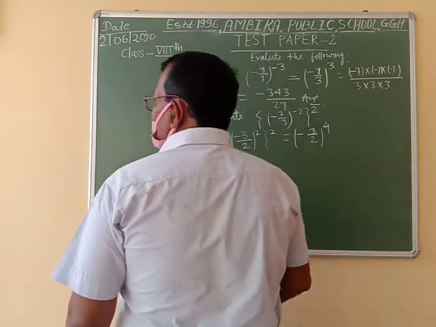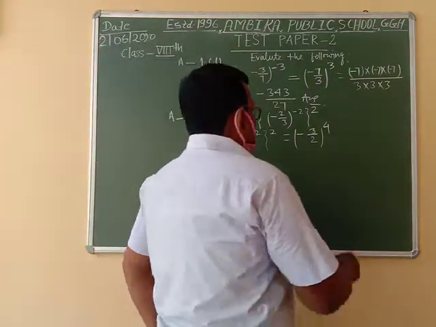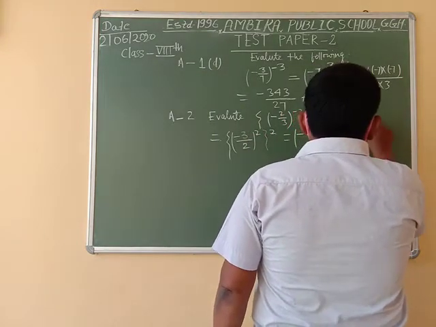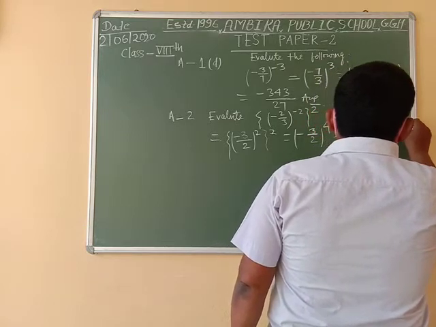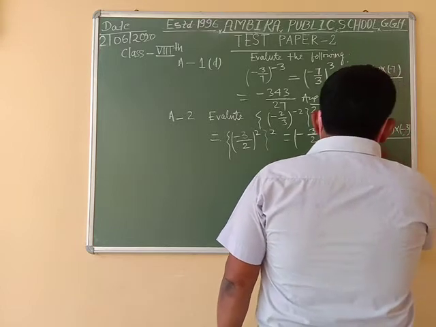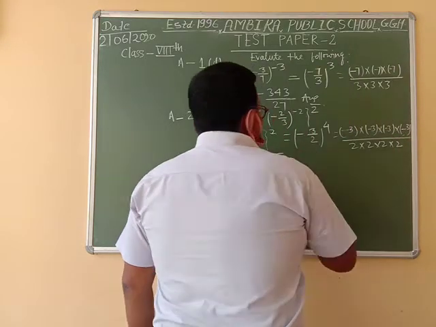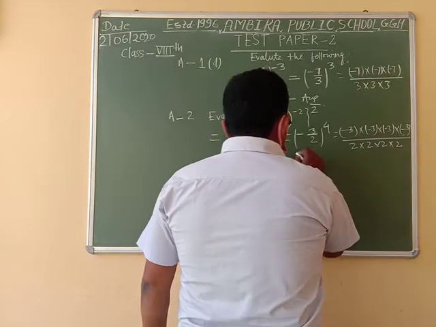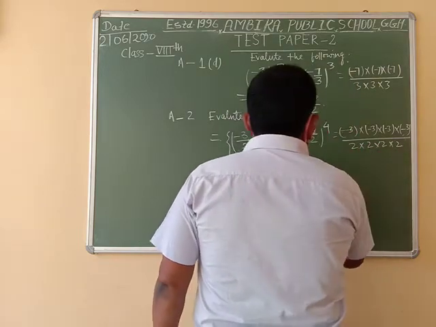Multiplying powers, 2 into 2 is 4. This is equal to minus 3 into minus 3 into minus 3 into minus 3, over 2 into 2 into 2 into 2. The evaluation will be 3, 9, 27, 81 by 2, 4, 8, 16.